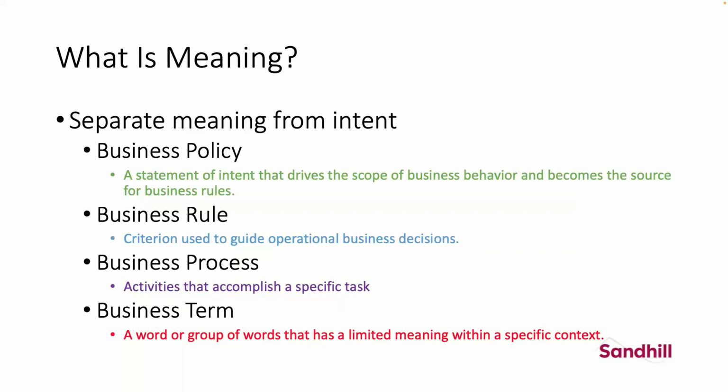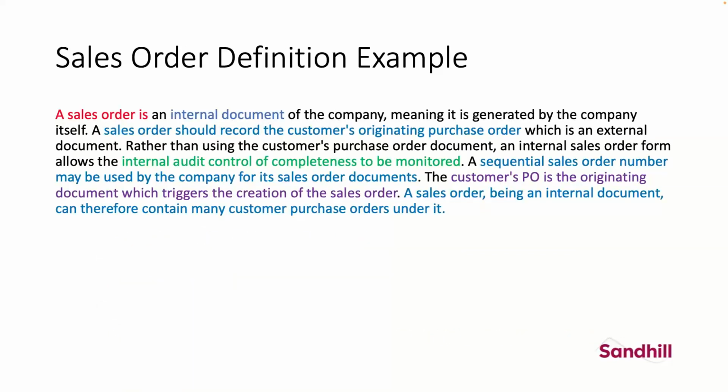So here's an example. This is a definition that the customer had, and when I read through it, there was a lot of stuff in here that had to do with policies and procedures and standards and various other things that didn't really need to be in the definition.